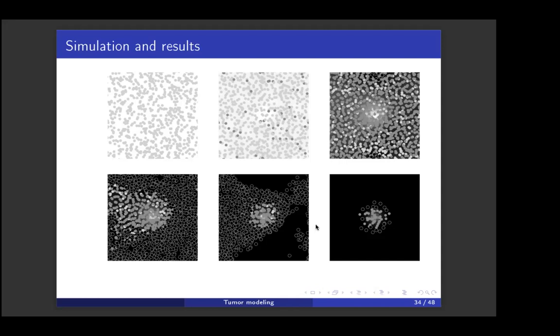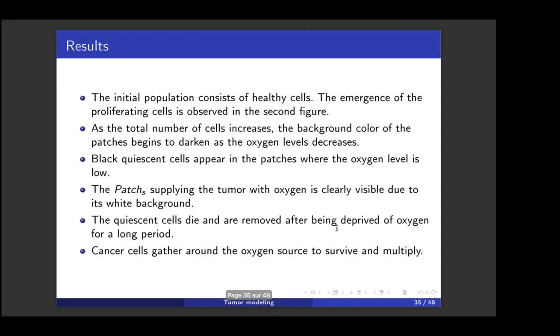Cancer cells are around the oxygen vessel or the oxygen source to survive and multiply.